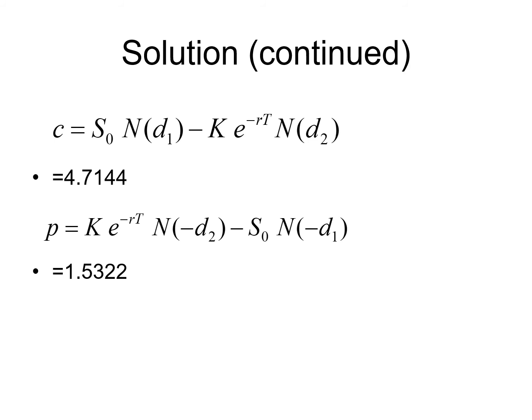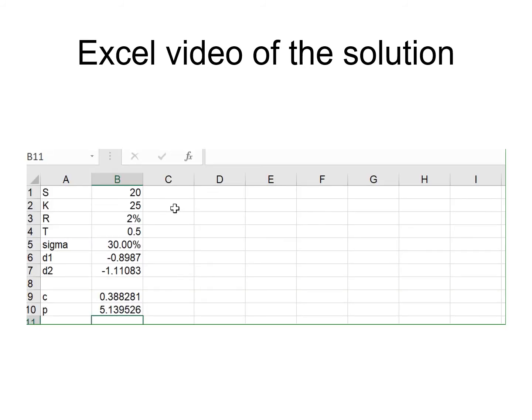The call price will follow the Black-Scholes formula. So C is equal to S N(D1) minus K e^(-rT) N(D2). We get 4.71. Similarly, P is equal to 1.53.